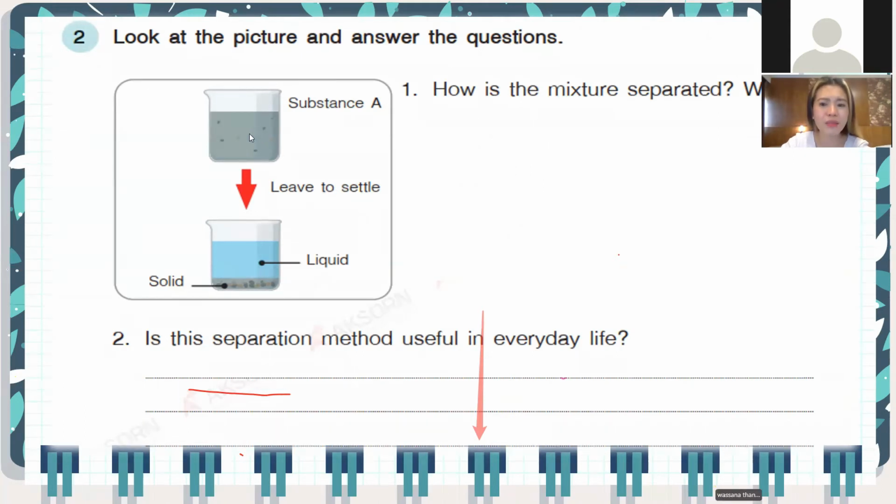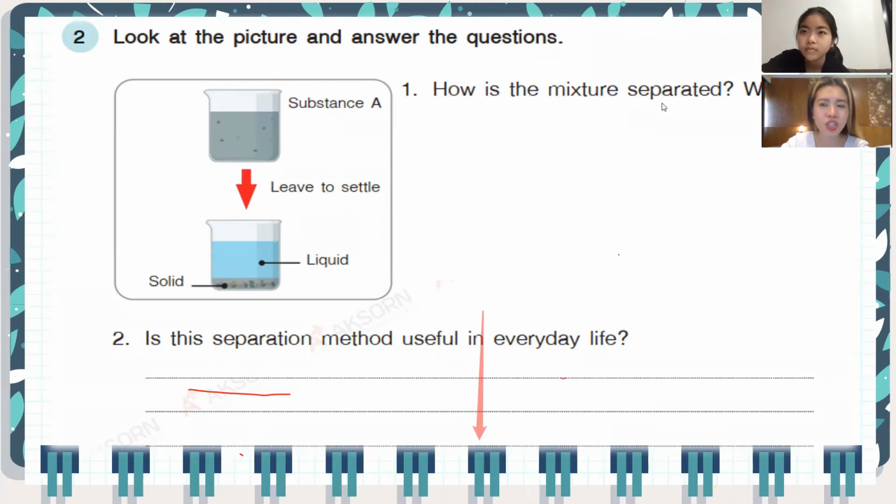Now, if we leave this muddy water for like 1 minute, we can see that the solid will go through the bottom of the glass or the container and the water will be clearer. So how is this method called? Sedimentation. Very good.